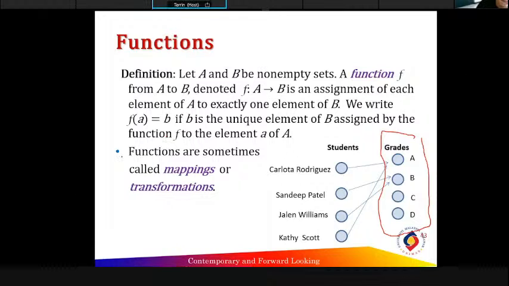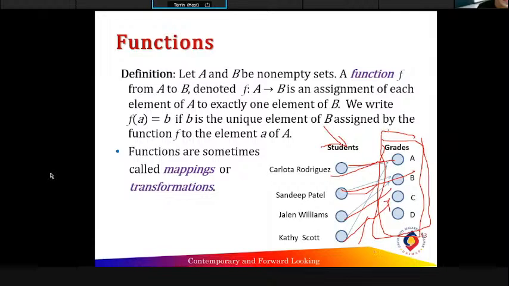Sorry about that. Now, just to recap, one element in A can only uniquely be assigned to one element in B that you see here, right? So when you look from the point of view of set A, each element has only one friend in B. But when we look from the point of view of set B, each element can have more than one friend coming from A, right?